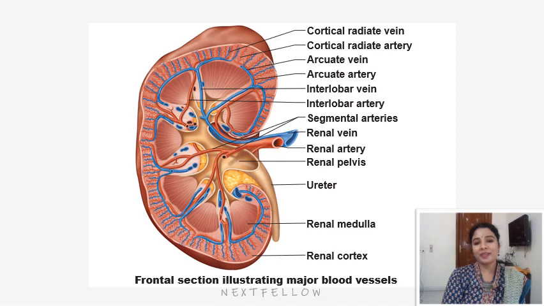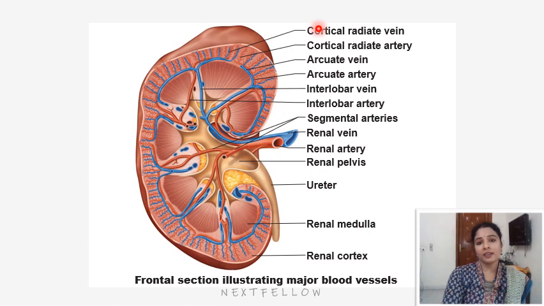Let's see the blood supply of the kidneys. Kidneys are mainly supplied by the renal arteries, the right kidney by the right renal and the left by the left renal. Usually these renal arteries arise from the abdominal aorta at the level of L1, just inferior to the origin of the superior mesenteric artery.